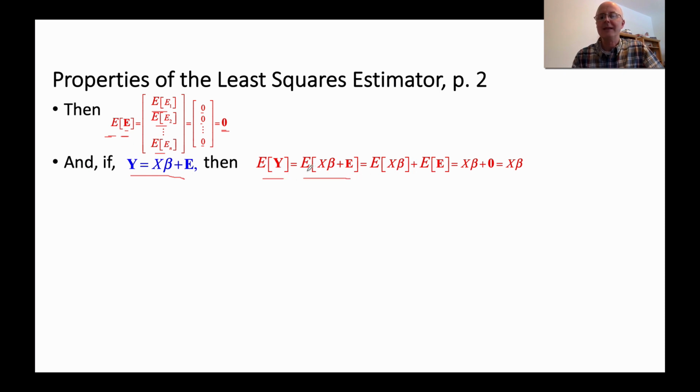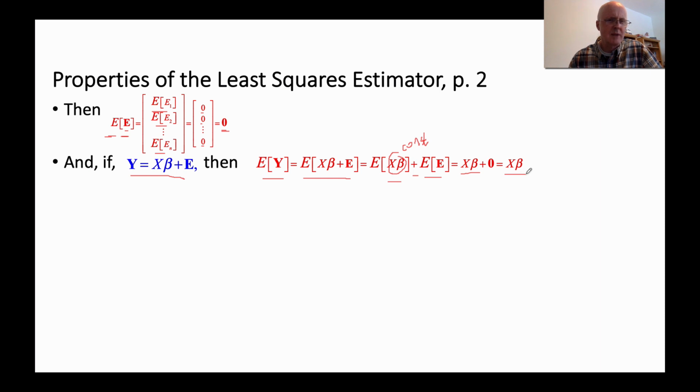I can break the expected value of a sum into the sum of the individual expected values. I can then use the fact that the expected value of e is 0, and this thing is a constant vector. And so its expected value is itself. So you get the expected value of capital Y is x times beta.